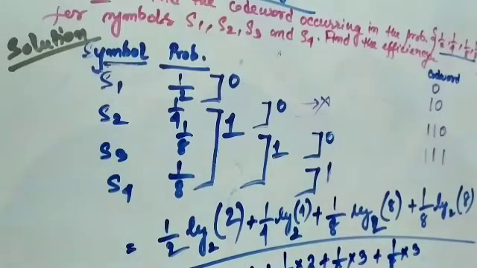So by calculating it, the efficiency of this code word is 1.75 by 1.75, or it is 100%. So it is our desired answer.